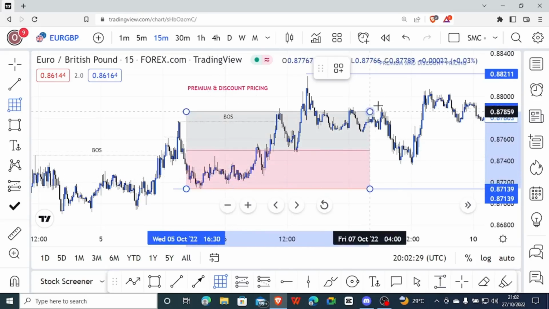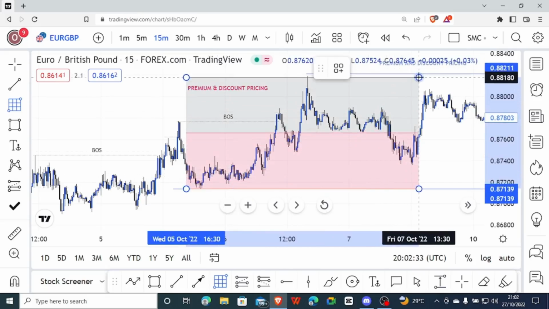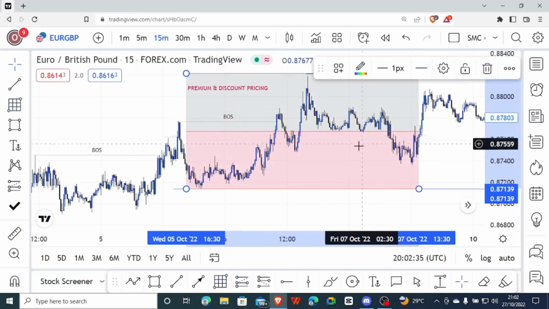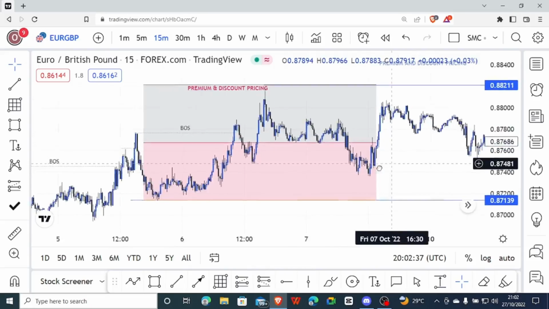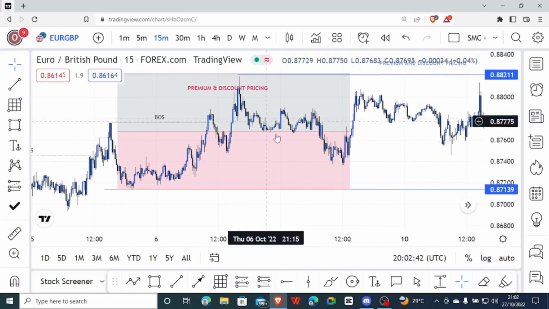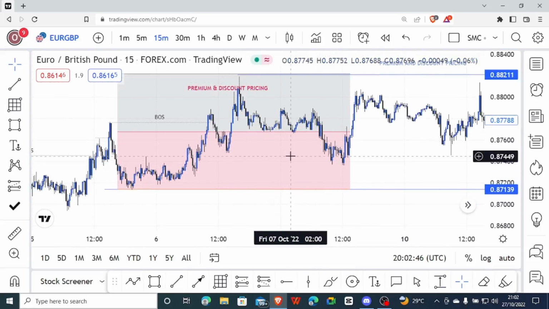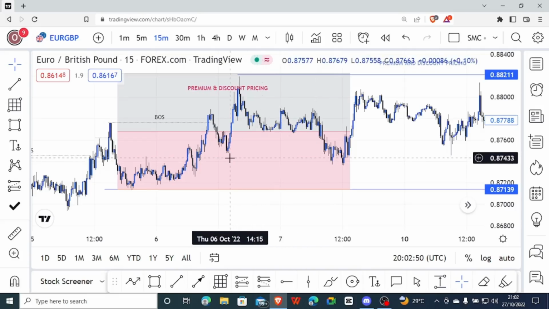So we want to see price coming. That's your true high. And as you can see, price retraced into the discount zone and mitigated out of an OB here.